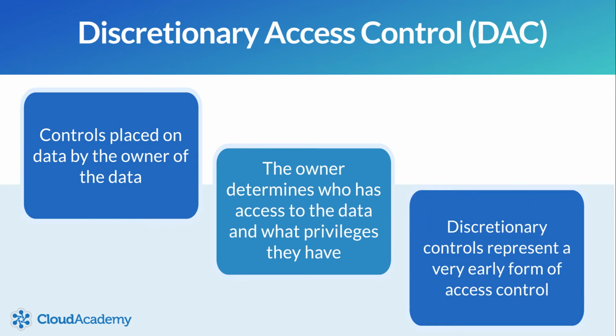Now, the discretionary controls represent a very early form of access control. They also represent a very direct and very administratively simple form of access control. But they represent one that is very tedious because it means that each and every subject-object interaction has to be programmed by the owner of the given resource individually.